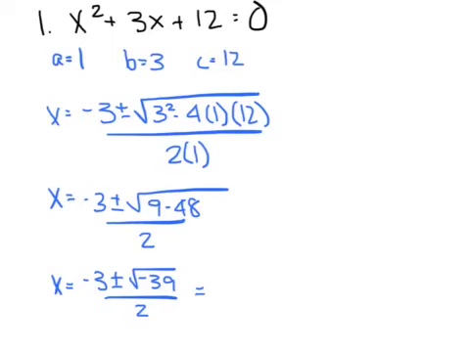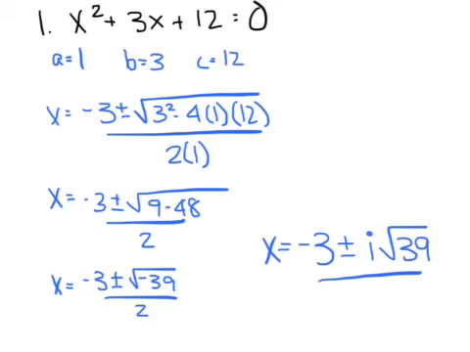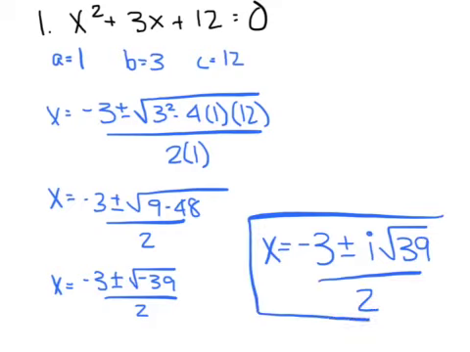All we need to do is say x equals negative 3 plus or minus i root 39 over 2. Think about the very first problems that we did in 4.8.